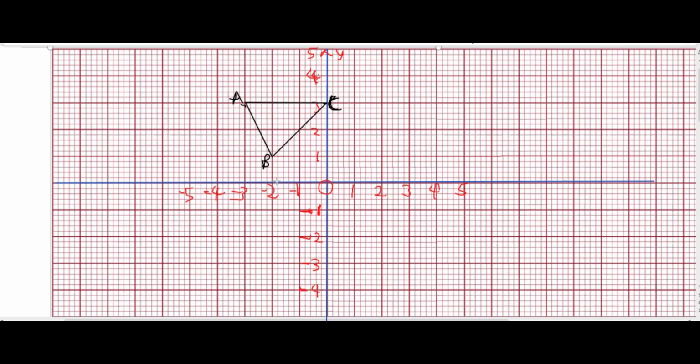So that means we want to reflect this in the line y equals 0, which is the x-axis, and the line is already drawn here. So how do we reflect this? Since our mirror line is this line of symmetry, which is the x-axis, the object will come back down to the opposite side.